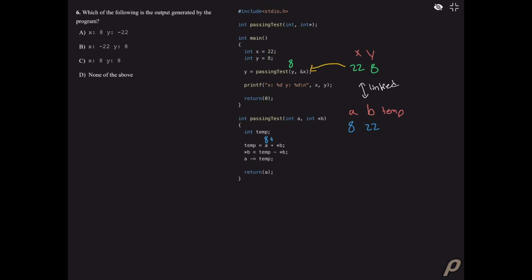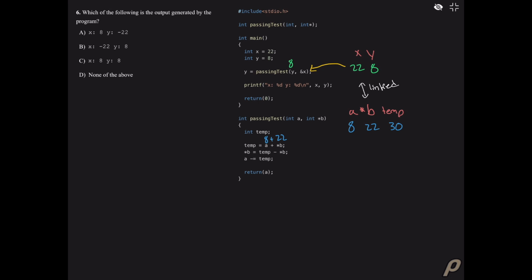For clarity, I'll put a star here, as this is technically star b, because if we were just doing b, that would be the address of x, which would just be a bunch of random numbers. But star b, as we know, is just 22. So that means temp is just going to be 30. So we get 30 as a result of 8 plus 22.